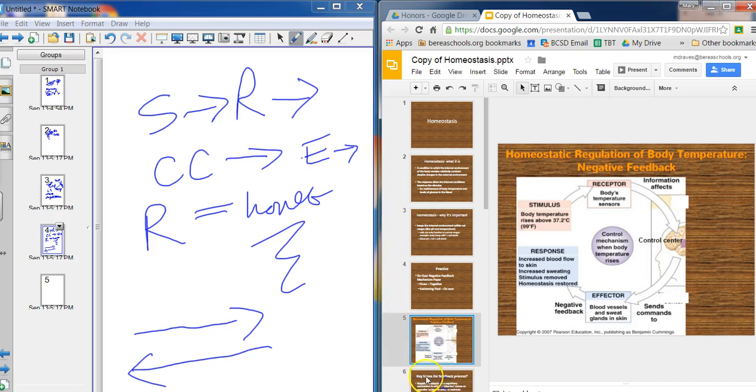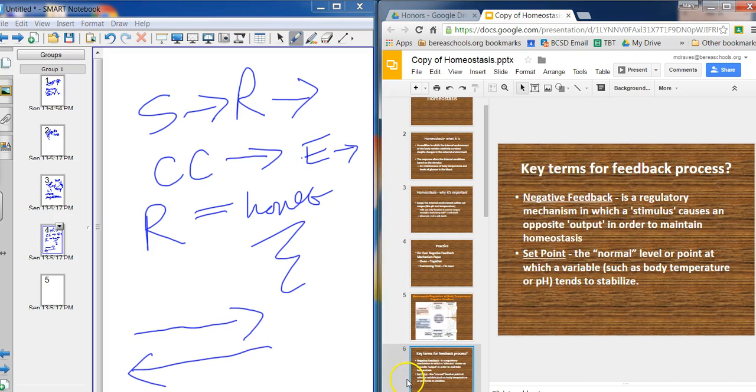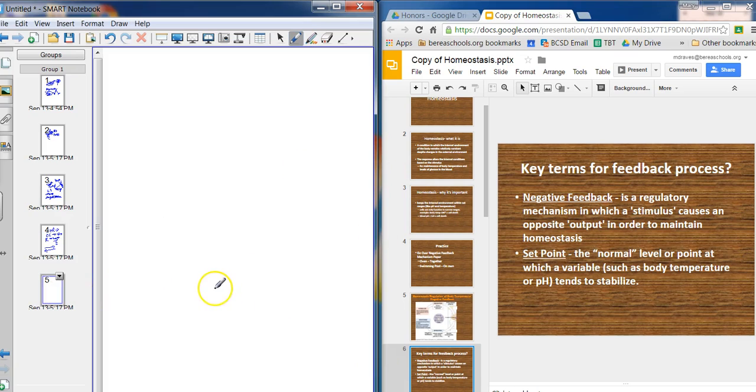The key terms that we need to know about this negative feedback are things like set point and really what negative feedback is. Negative feedback, as you can see on this slide, is a regulatory mechanism in which a stimulus causes an opposite output in order to maintain homeostasis.